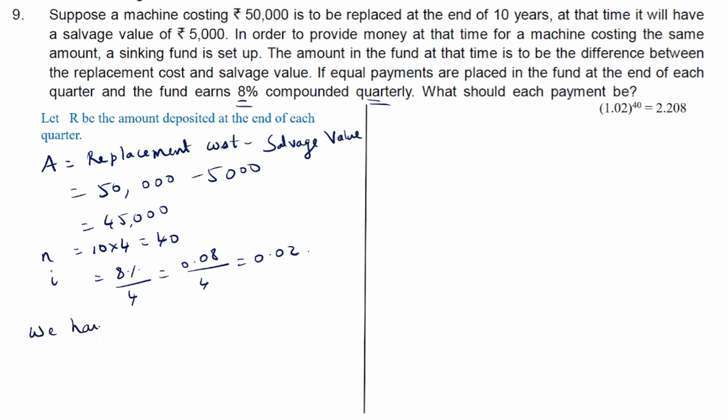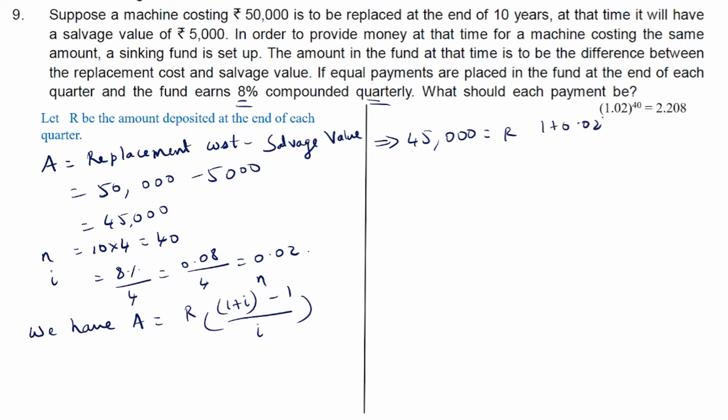So we have A equal to R into (1 plus I) the whole raised to N minus 1, upon I. So here A is 45,000 equal to R into (1 plus 0.02) the whole raised to 40 minus 1, upon 0.02. When we cross multiply, we get 900 equal to R into (1.02 the whole raised to 40 minus 1).